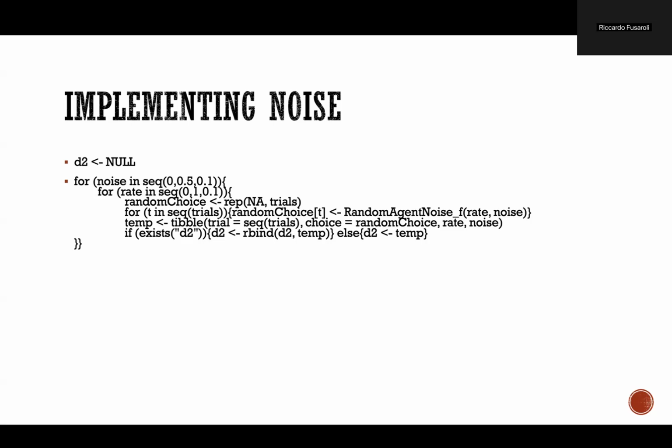The loop inside is exactly the same. So it's then looping through the different possible rates, except that we have the random agent noise function inside, and that we're saving the noise parameters so we know how the data were generated. Does it make sense? Right. So we're going to have, I think it's 6 levels of noise, each of them for 11 rates.